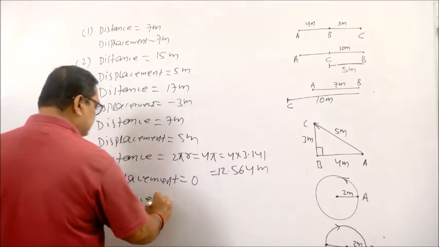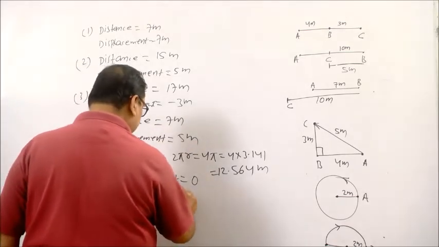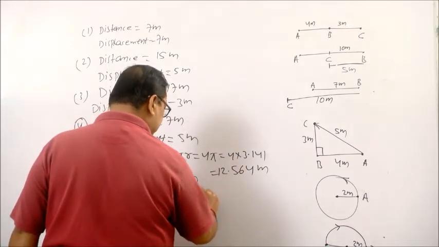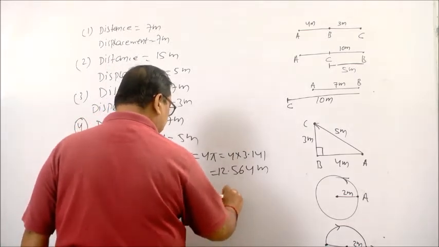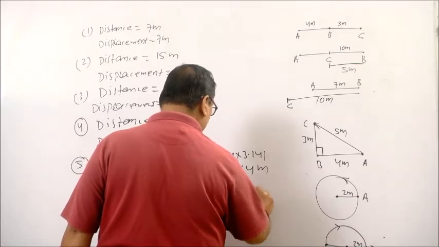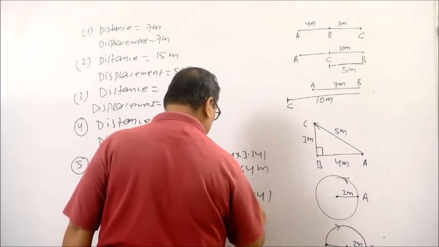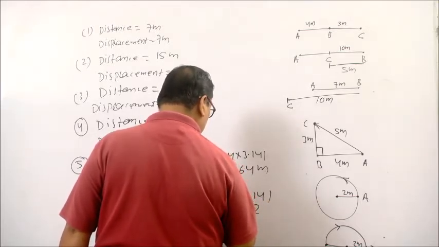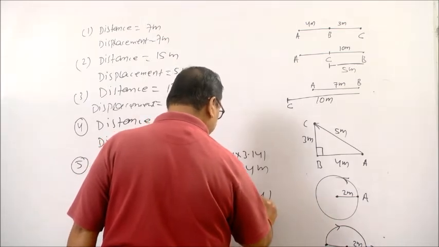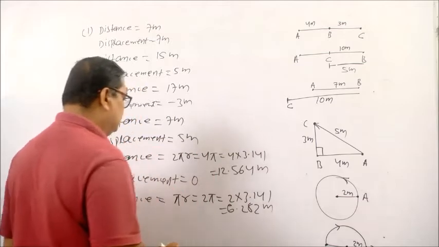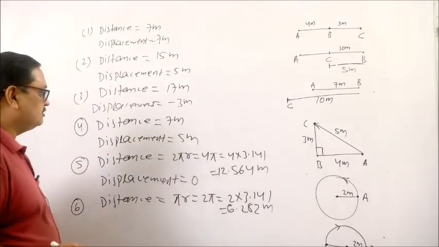Here the distance is half of the circumference, that is pi r, that is 2 pi into 2, into 3.141, which is 6.282 meter.